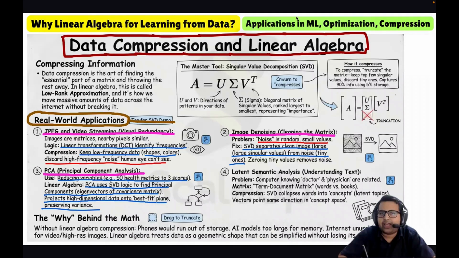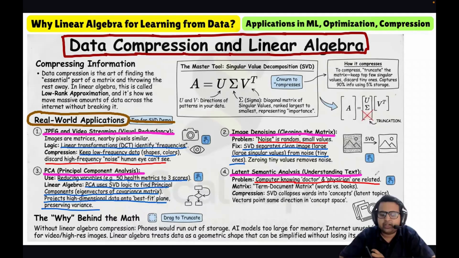And the next real world application is latent semantic analysis, understanding text. So how does a computer know that doctor and physician are related? Because they are related terms. Both are talking about something similar.